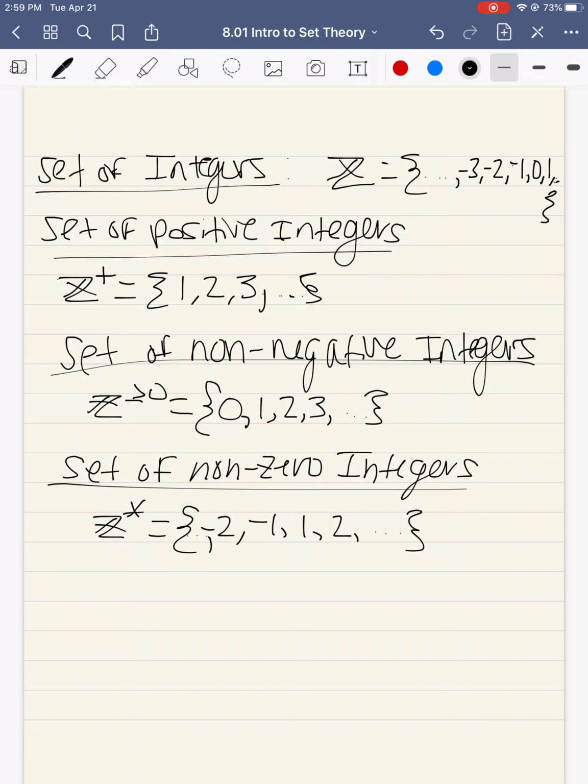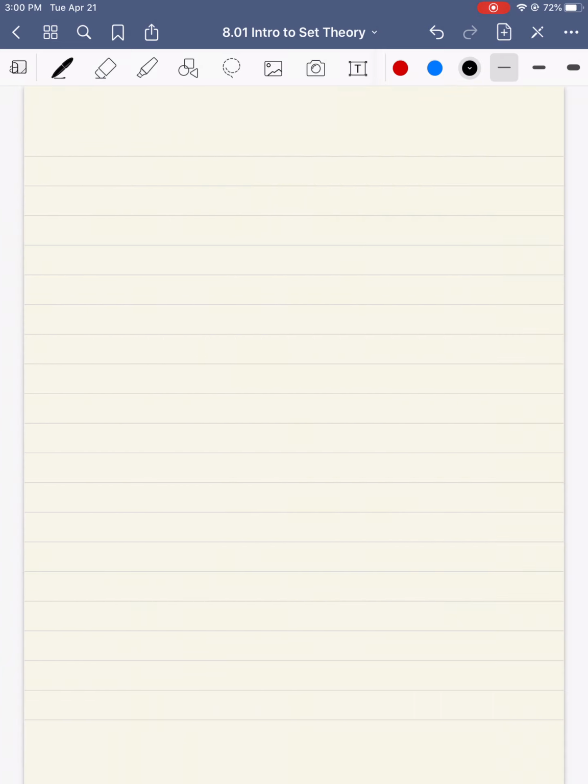And then from here, we can dive into some other sets. But these are the 4 biggest ones. So we have the set of integers, the set of positive integers, the set of non-negative integers, and the set of non-zero integers. Once we move on to the rationals, the notation is going to look very similar in terms of positive, non-negative, non-zero, but the base letter will be different.